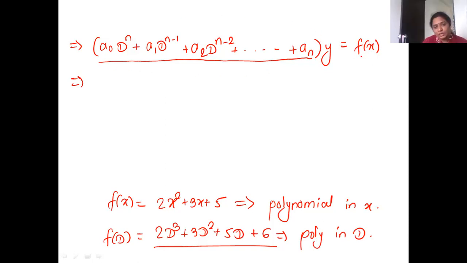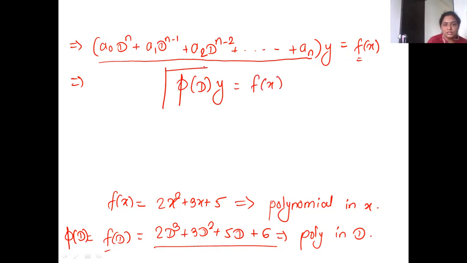I'm not using f because f is already used, so I should use some other notation. I use phi, function of d. So for this whole, I can write phi of d into y is equal to f of x.